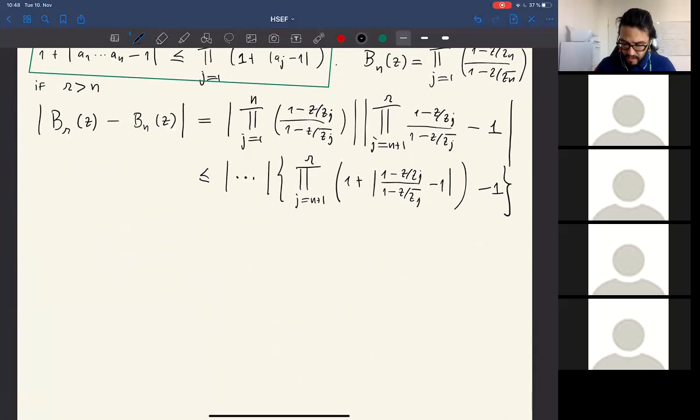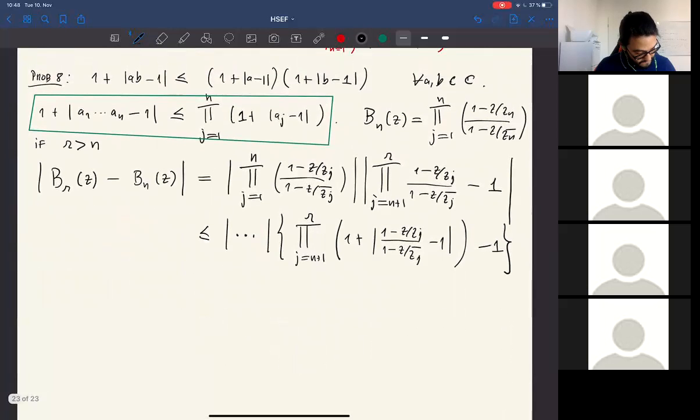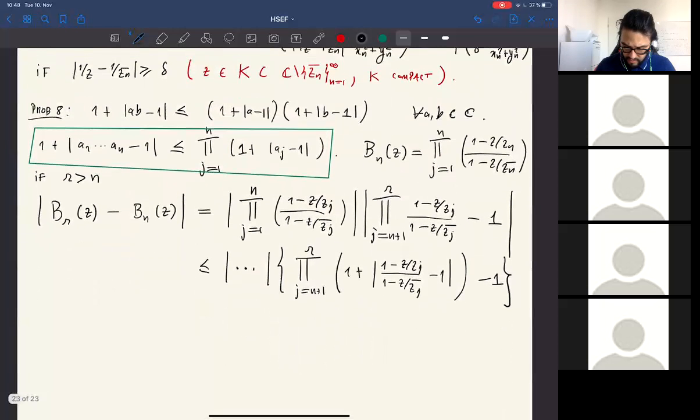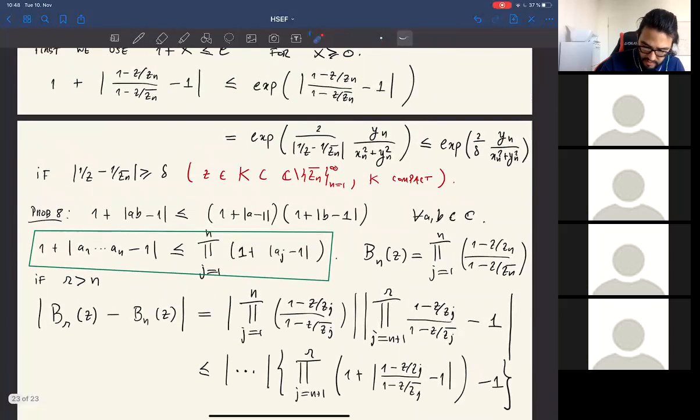And now, great. So what else? What else we're gonna do? So this is in almost the shape to apply this little inequality here that I put in the beginning, that 1 plus a term like this is less than something like that.